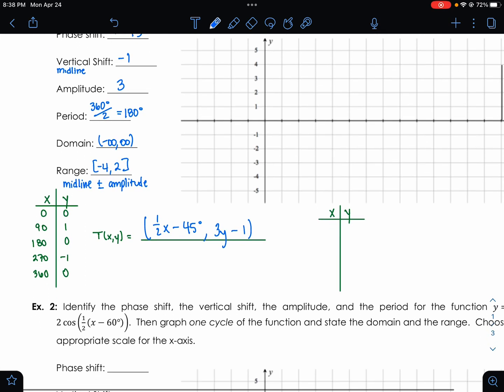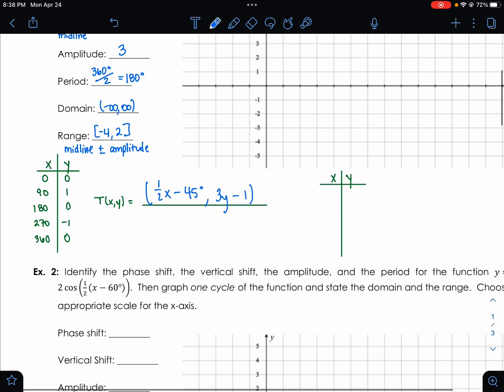And so what we're going to do is take our 5 x values and our 5 y values and put them into our mapping notation and find out what our new points are. So 1/2 times 0 minus 45 is going to be -45. You have half of 90, that's 45. You're going to subtract 45 from that, you get 0. You have half of 180, that's 90.